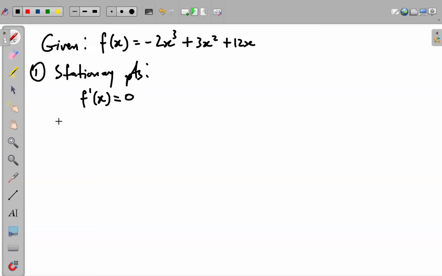So the first derivative will be negative 6x squared plus 6x plus 12. This must be equated to 0. I'll divide by 6 because it is common. Then I'll get x squared minus x minus 2, which makes life slightly easier.